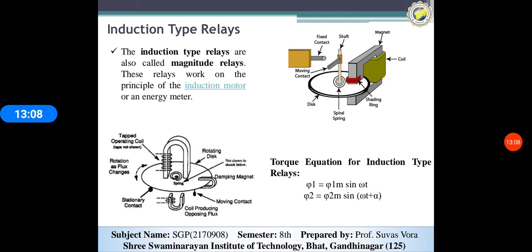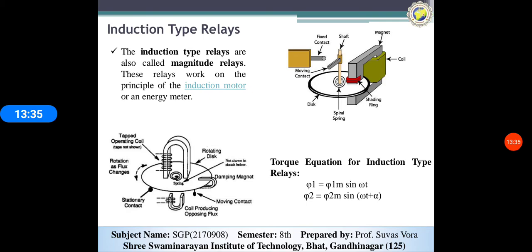Basic construction: you can see the upper side coils, and between the two coils one disc is placed, and the two different angles are applied to rotate the disc. We can easily understand this basic principle from motors.